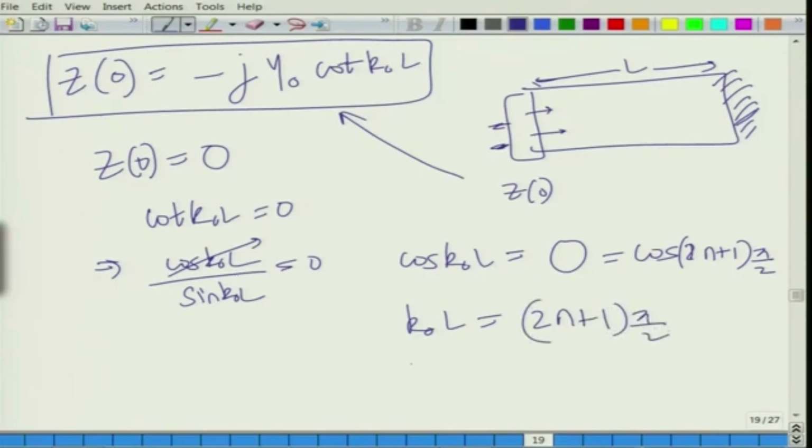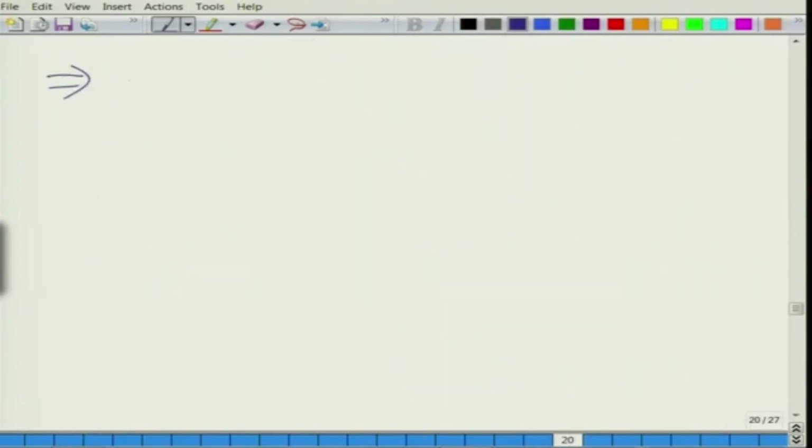So, your k naught becomes 2 pi f by c naught, times L is 2n plus 1 times pi by 2. This goes away, and once we simplify this further, such a frequency, I would call this resonance frequency, is given by 2n plus 1 times c naught by 4L.